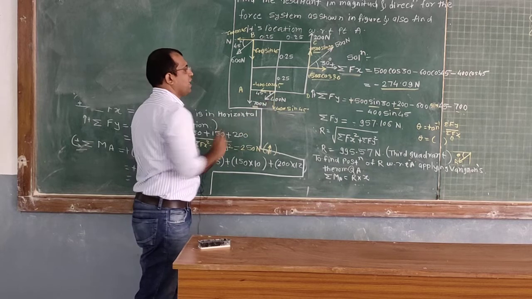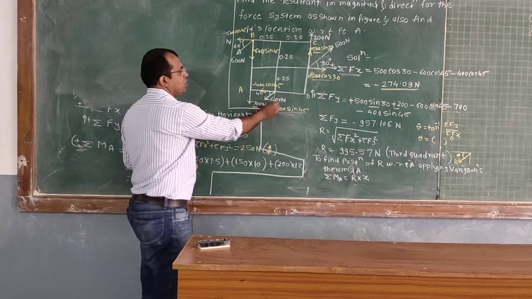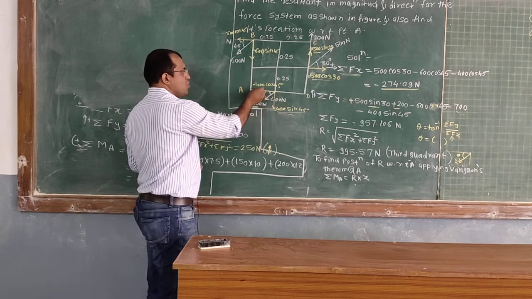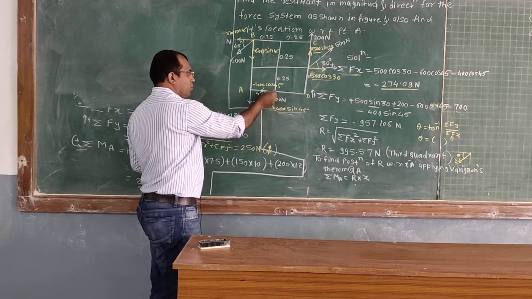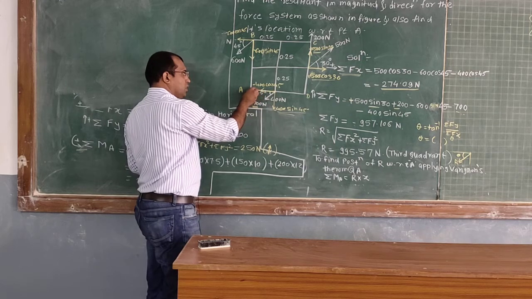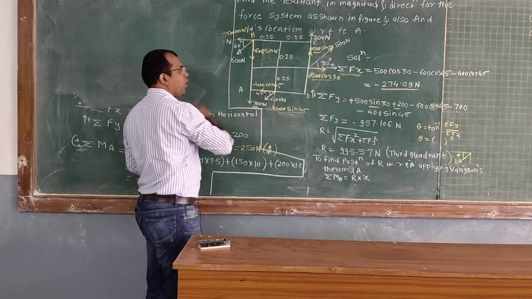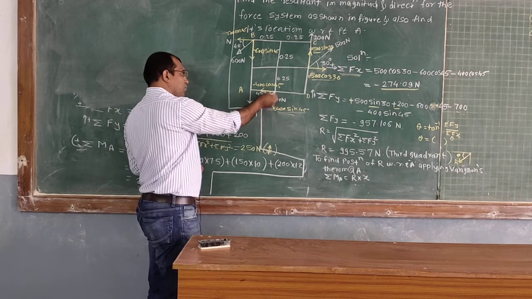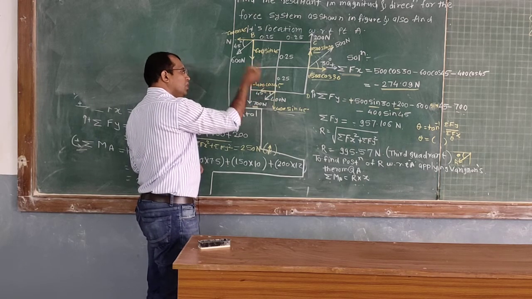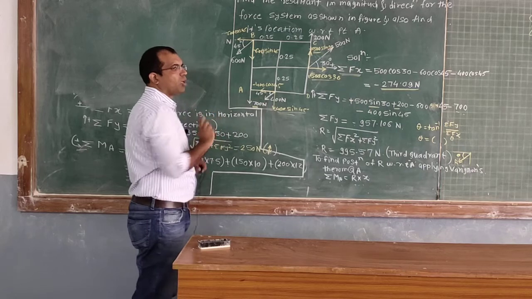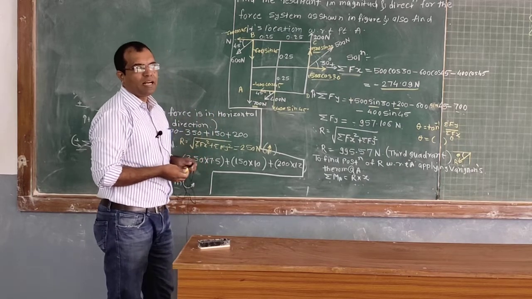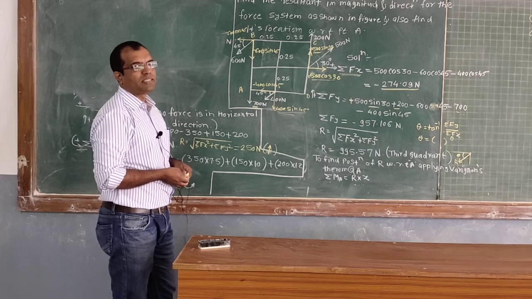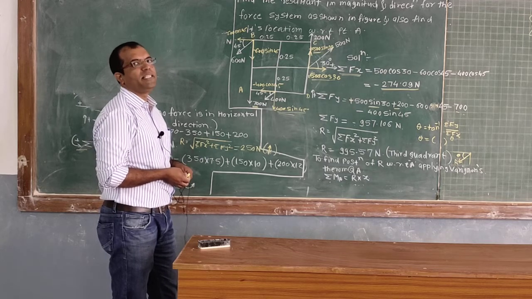Now the next, the second force. What is the second force? This is 400 Newton. We have to resolve this force into its two components. Out of those two components, the horizontal component is passing through point A. Therefore, the moment created by the x component of the 400 Newton force is zero, because the perpendicular distance of this force from point A is 0.